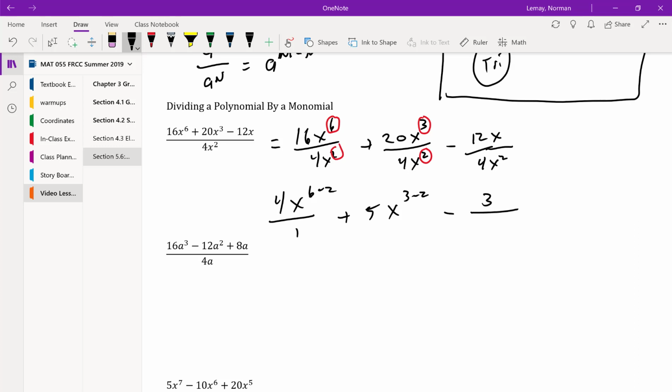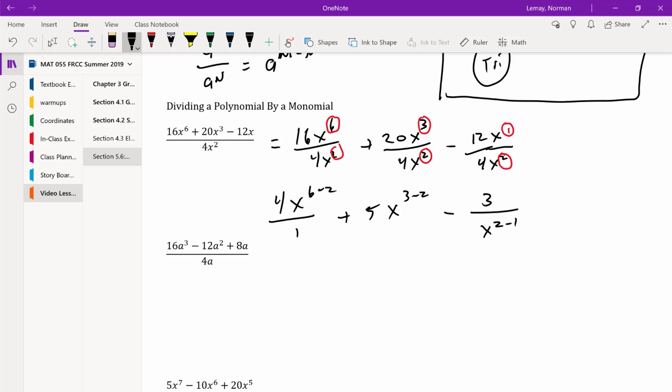Okay, and notice that since this 2 is bigger than this pretend 1 right there, we keep it down here in the denominator. So I'm going to rewrite this as x raised to the 2 minus 1. Okay, so notice that when the exponent of the variable is bigger in the numerator, we'll do this. And when the exponent is bigger in the denominator, we do it like this.